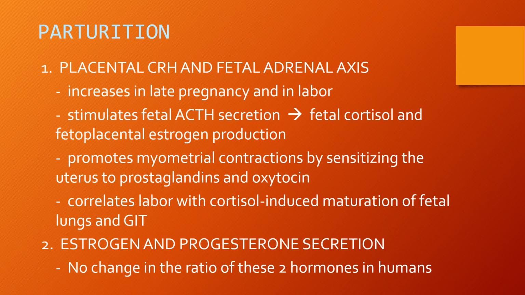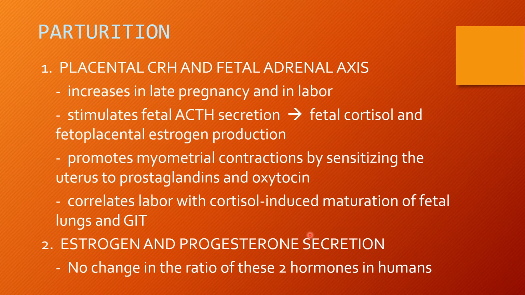Now for parturition, the placental corticotropin releasing hormone and fetal adrenal axis are noted to increase in late pregnancy and in labor. It stimulates the fetal ACTH secretion, thereby resulting in fetal cortisol and fetoplacental estrogen production.